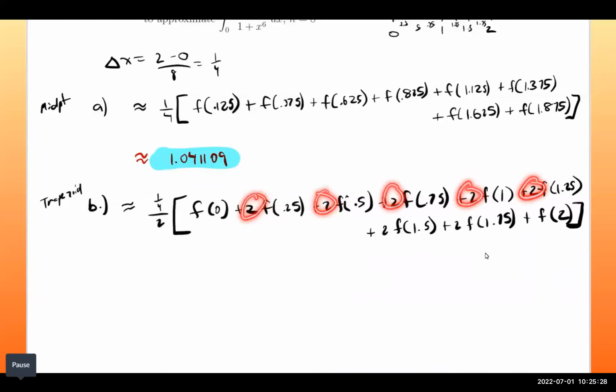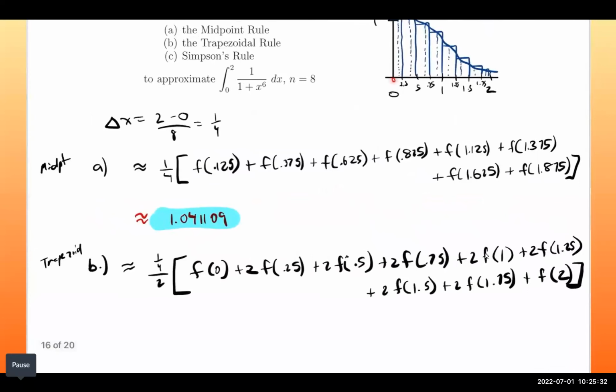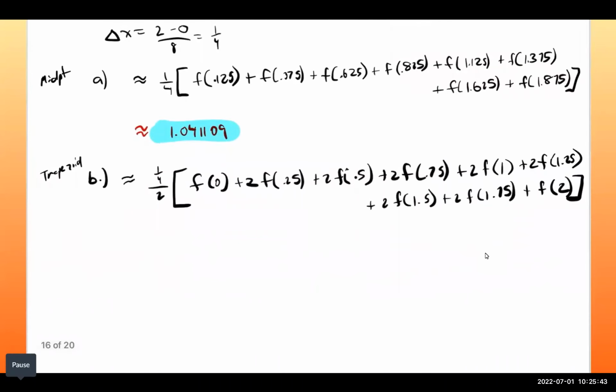All right, so they all have coefficient 2 except for the first and the last, and we are only using the endpoints, no longer the midpoints. So 0, 0.25, 0.5, 0.75, 1, 1.25, 1.5, 1.75, and 2. All right, and same if you use your calculators, which I've already done. I got 1.040756 if I round to 6 decimal places.